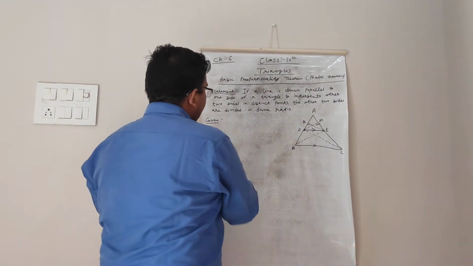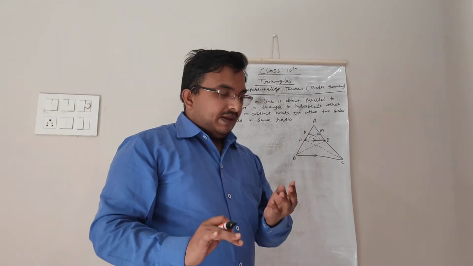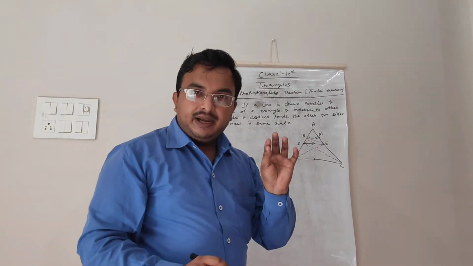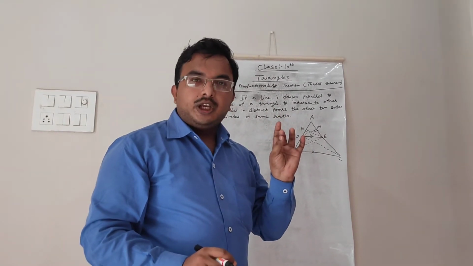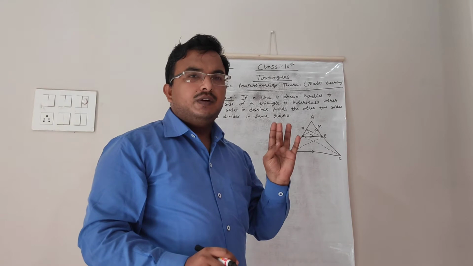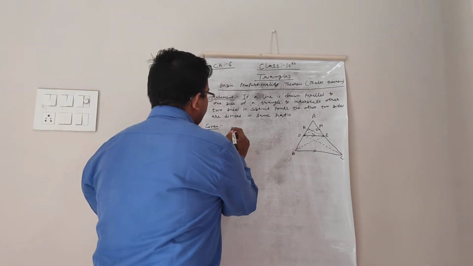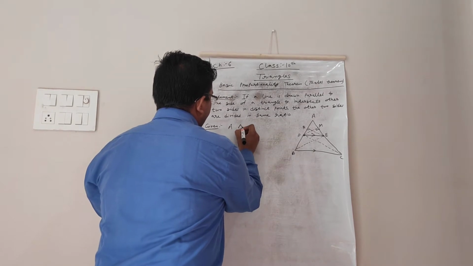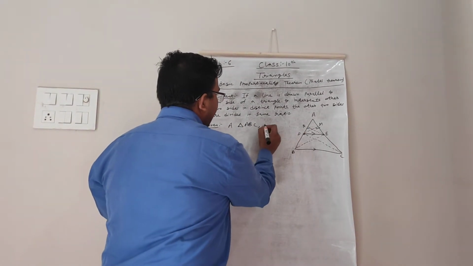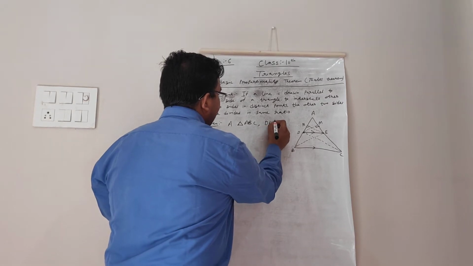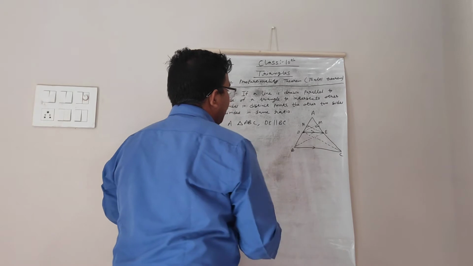Let us start with the given. To prove any theorem, the basic things are statement, given, to prove, construction if there is any, and proof. So let us start. Given: a triangle ABC is given where DE is parallel to BC. This line DE is parallel to BC.